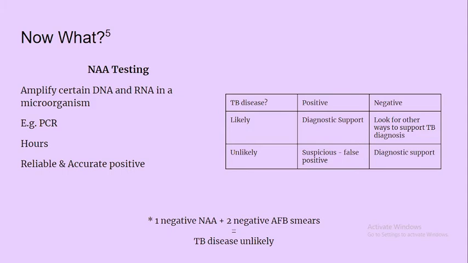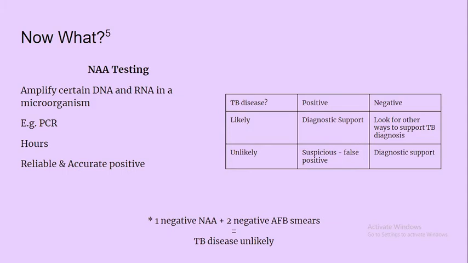If you're unlikely to have TB and this test comes out negative, it's just more diagnostic support that you probably don't have TB. But if you're likely to have it, a positive is diagnostic support that you probably have TB.